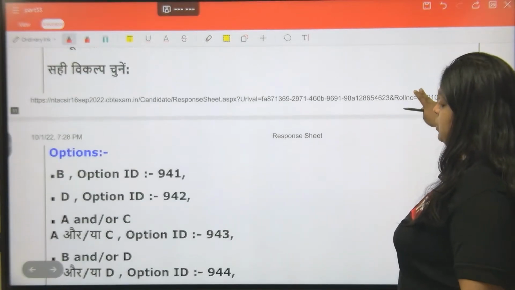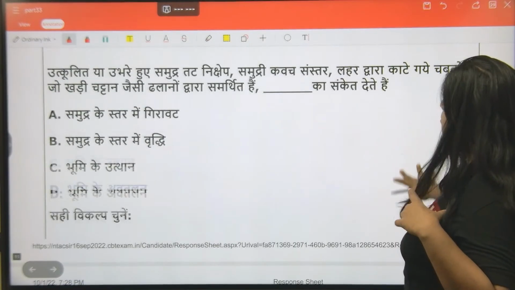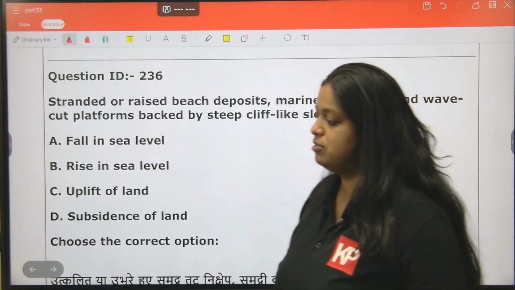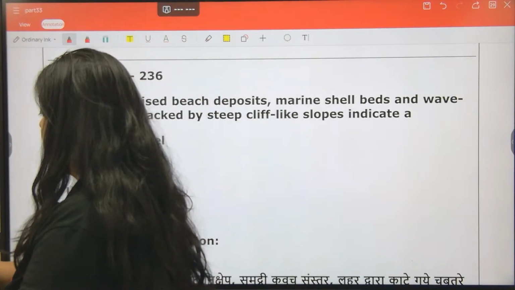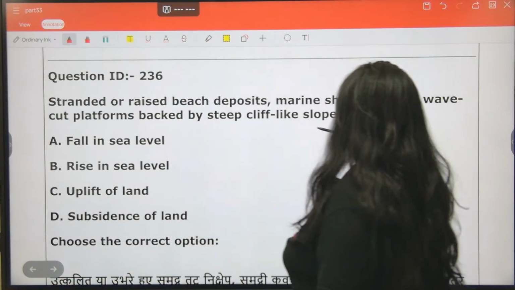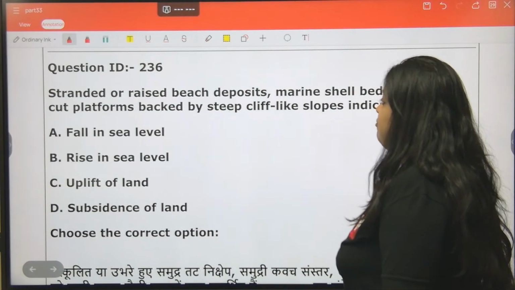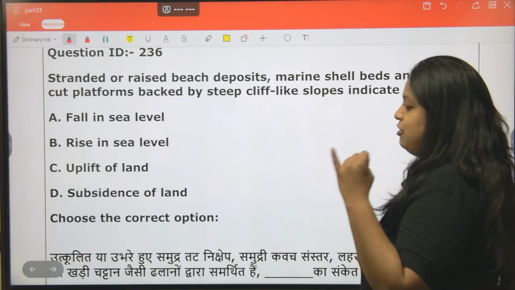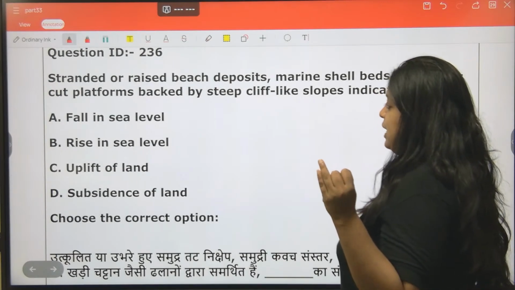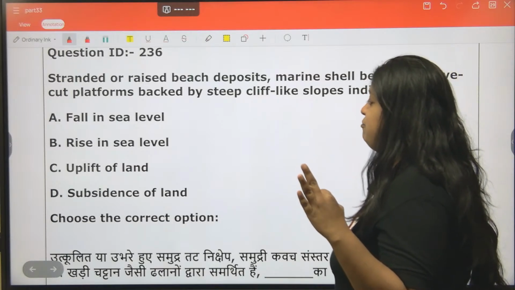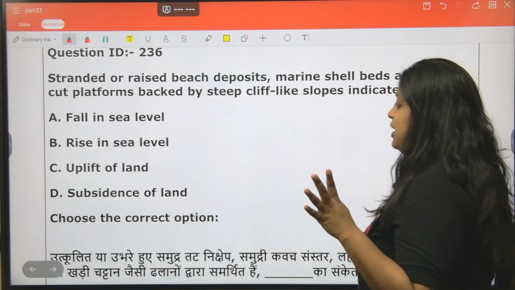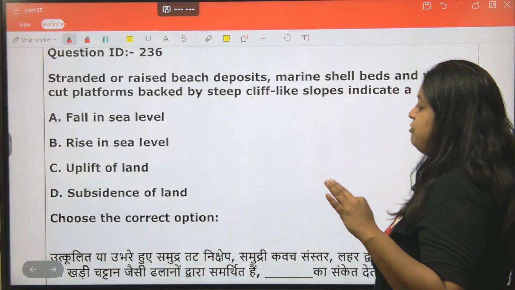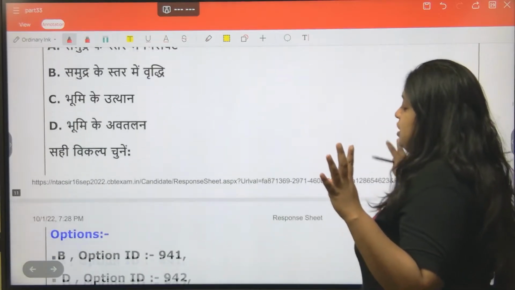Among these four options, which one is correct? Choose the correct option.